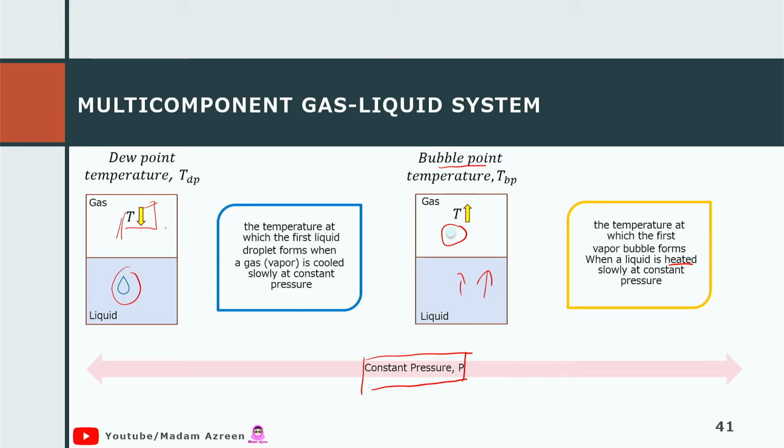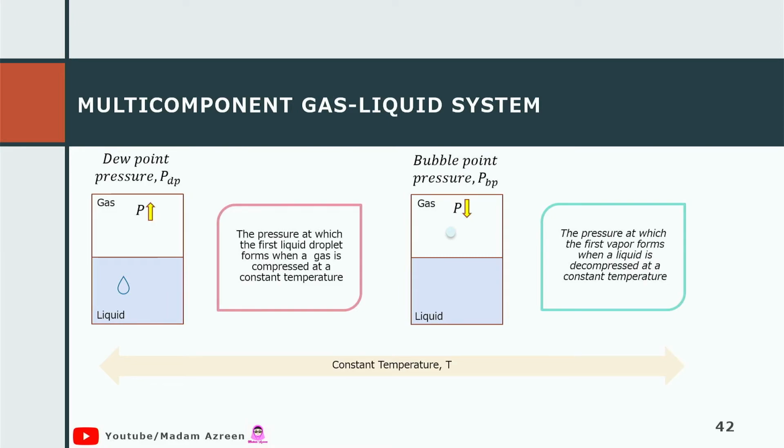The next is when we have condensation and also when we have evaporation. The next thing is the dew point pressure and bubble point pressure.